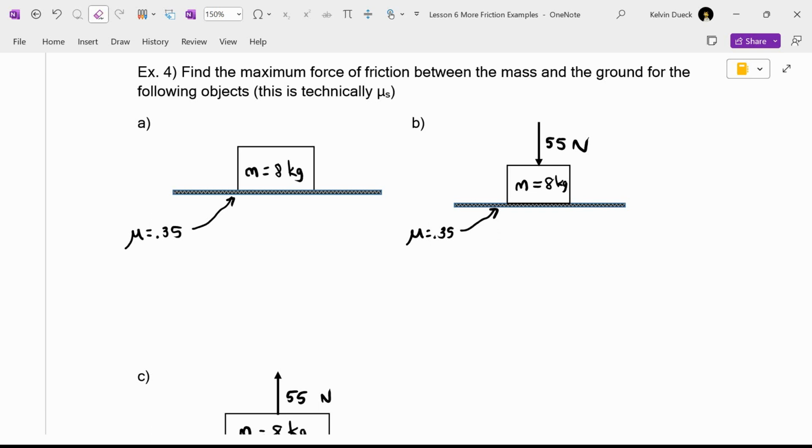Now, while you're turning the page, technically there's actually two different mu's, two different coefficients of friction. When an object is at rest, mu is a bit bigger. When the object gets moving, mu gets smaller. That's why if you ever tried to slide something really heavy, getting it moving is tough, but once you get it sliding, you can ease up a little bit. You don't have to push quite as hard.